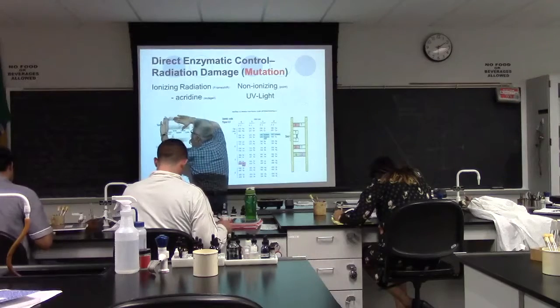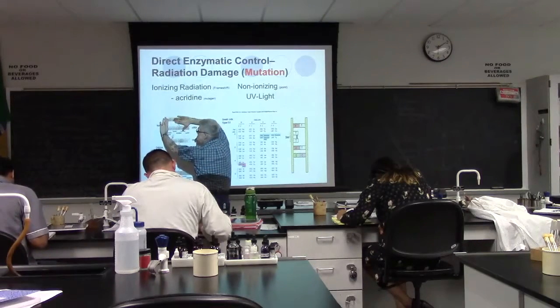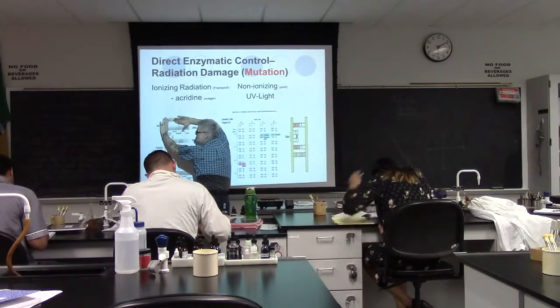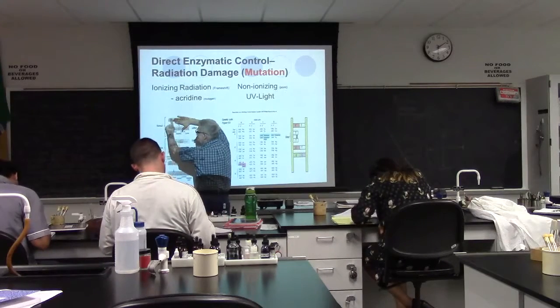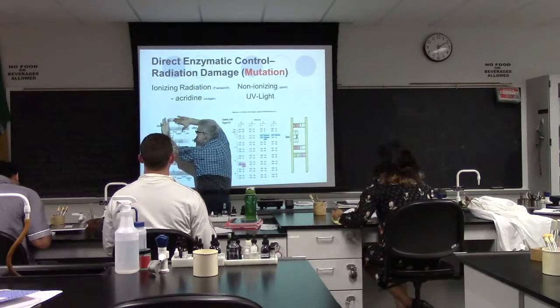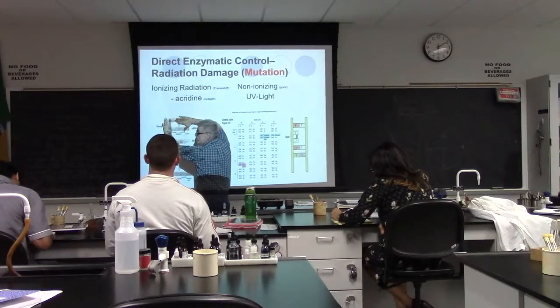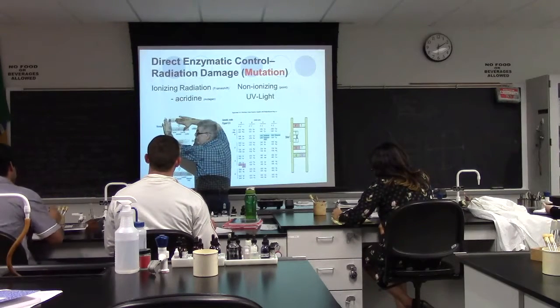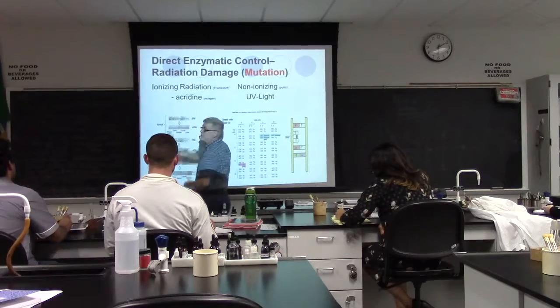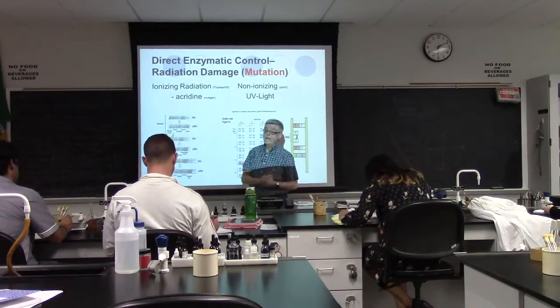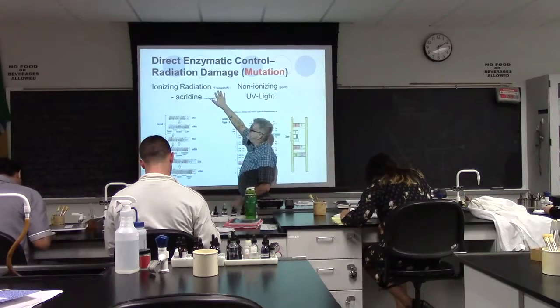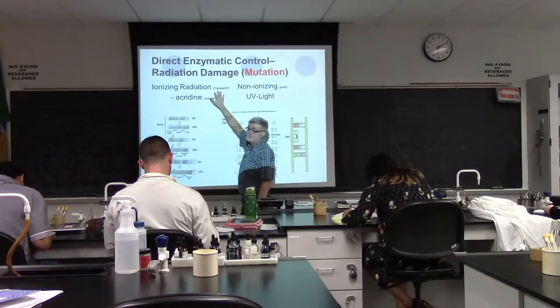So if these 3 letters, AAG, stand for an amino acid, and you take out this A, then the letters move down, and now you get the wrong amino acid. So everything after the deletion or insertion is wrong. And that's why frame shift is usually fatal.